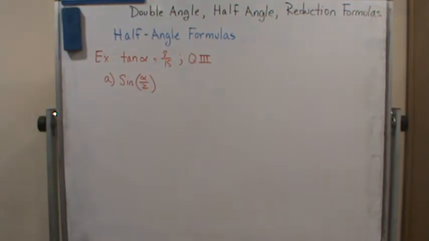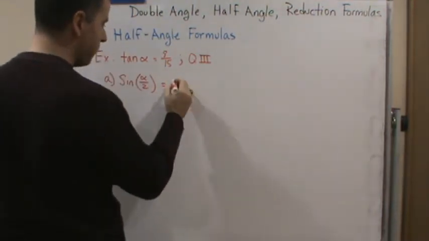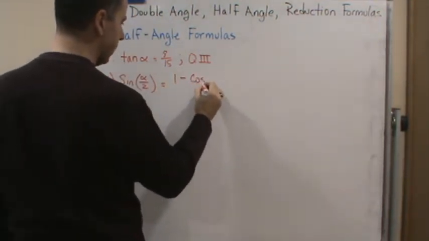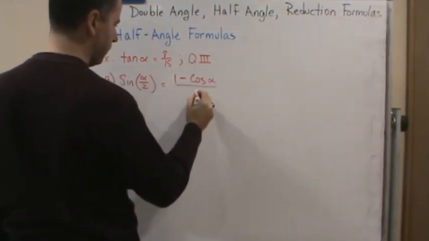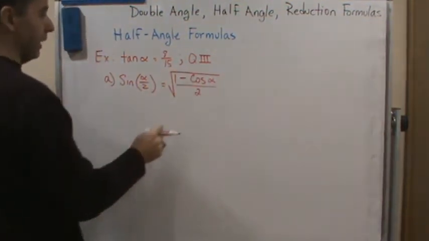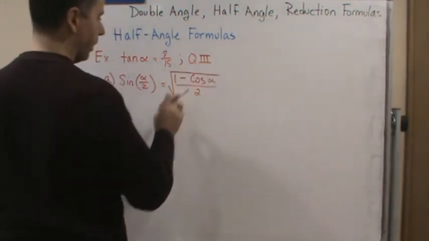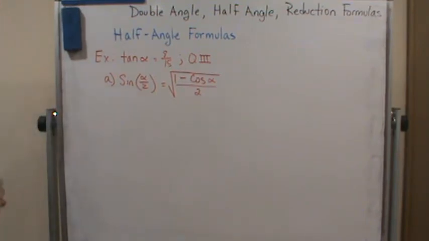Great, because now we can use the half angle formula, which is the square root of 1 minus cosine alpha, divided by 2, and it's usually plus or minus. Alpha is in the third quadrant, so sine is negative.